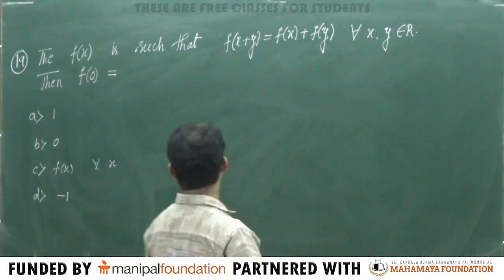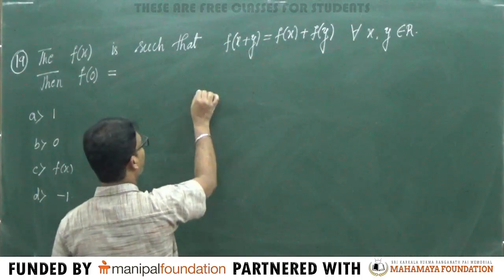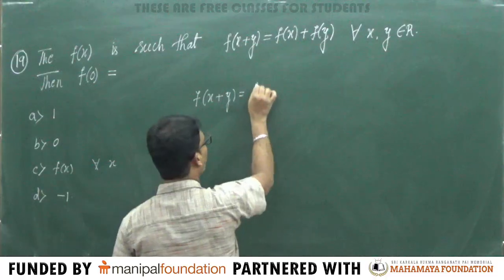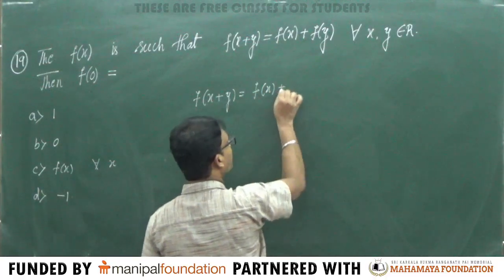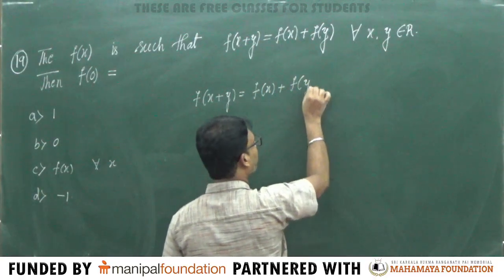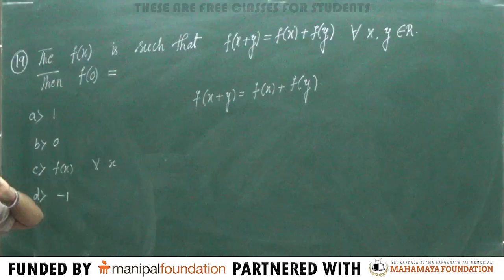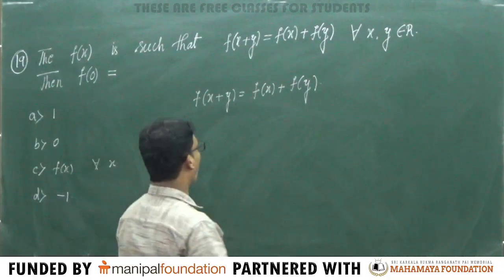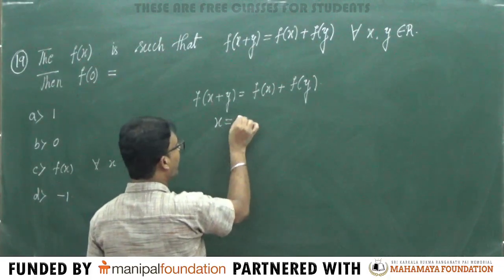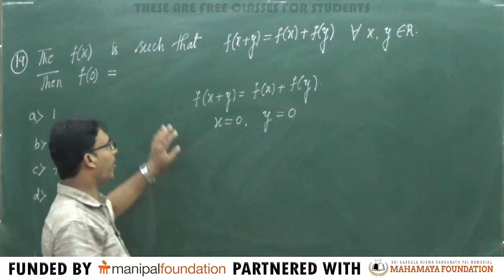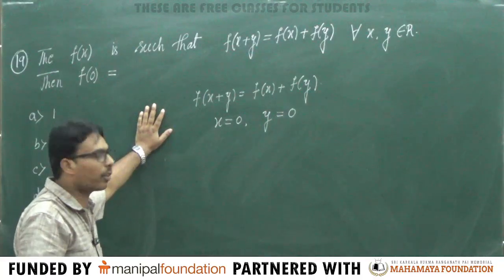So in this problem they define the function as f of x plus y is equal to f of x plus f of y. Then we need to find the value of f of 0. To find it, replace x by 0 and also y by 0.